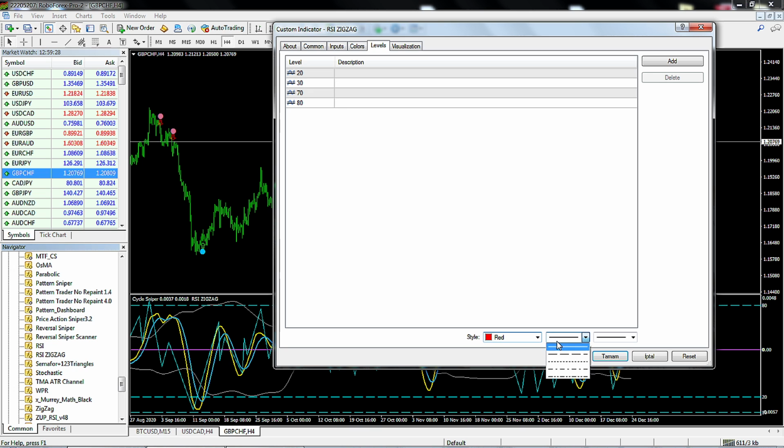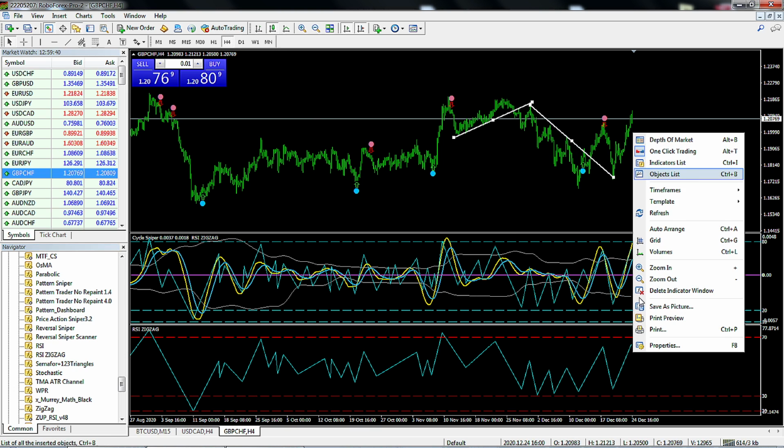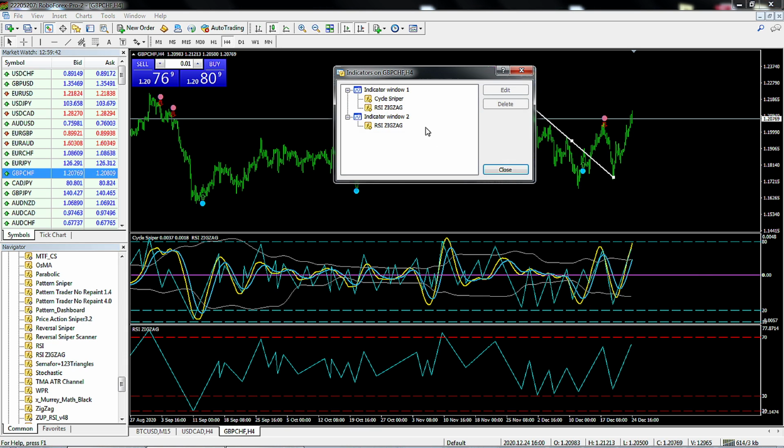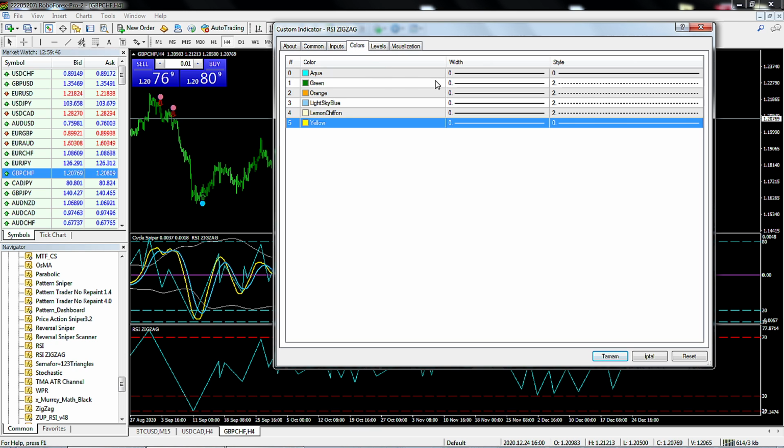I change the color here. Even you can change the color of this zigzag as well. Here you can change the color.